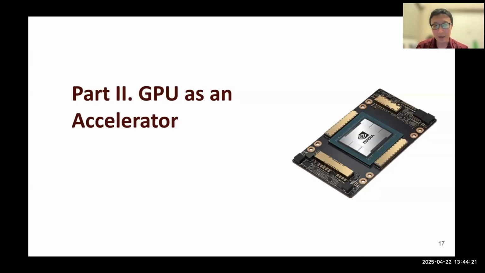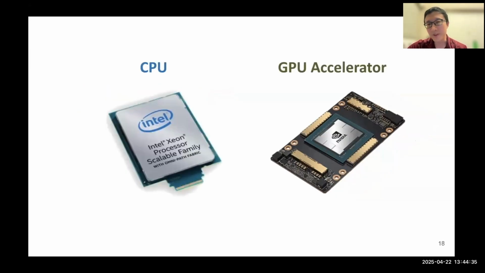GPU has been used as accelerator ever since CUDA, ever since NVIDIA started pushing out the general purpose GPU, which is able to do things beyond what GPU was originally designed for. GPU was originally designed to do video processing, computing graphics.